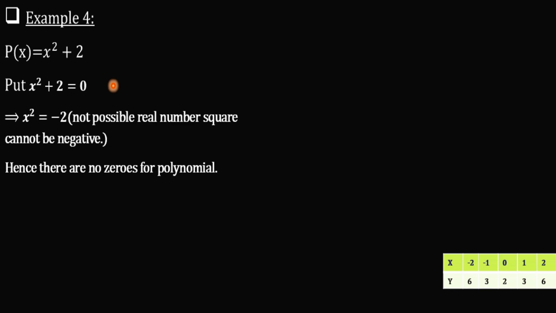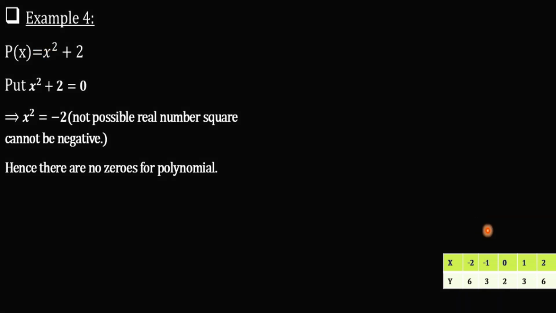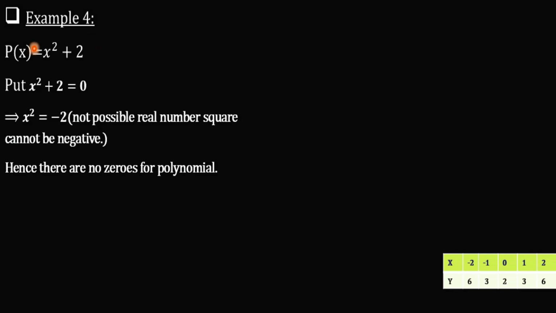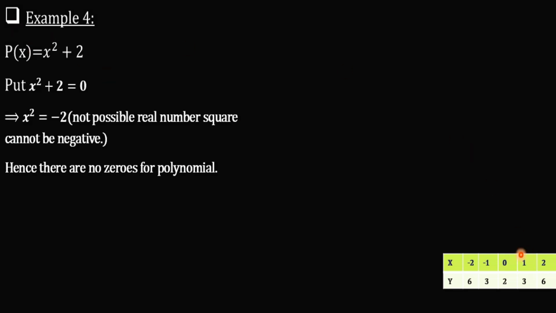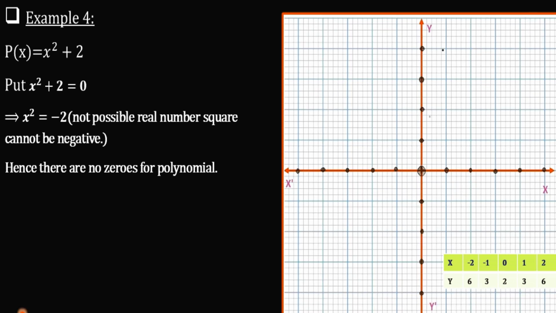For -1, that is 1 plus 2, that is 3. x equal to 0 means 2, x equal to 1 means 3, and x equal to 2 is 2 square, 4, 4 plus 2, 6. So what is our graph? The first point is x equal to -2 and 6.